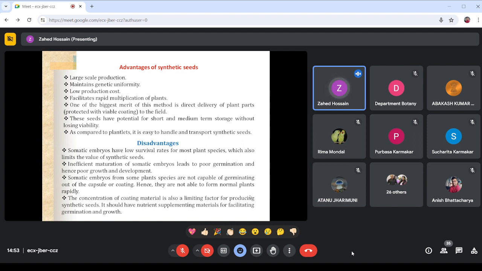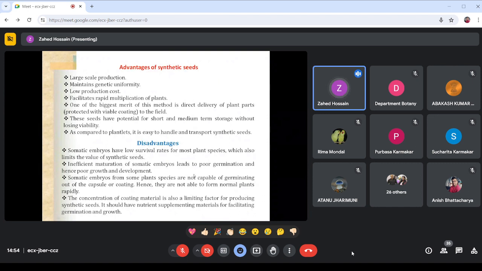So these are some of the advantages, but there are certain disadvantages also. Somatic embryos usually have a very low survival rate. Sometimes the synthetic seeds lose their viability. And sometimes inefficient maturation of somatic embryos also leads to poor germination.